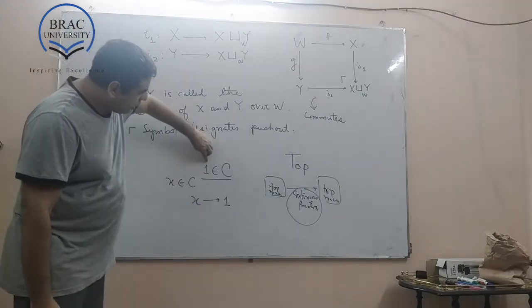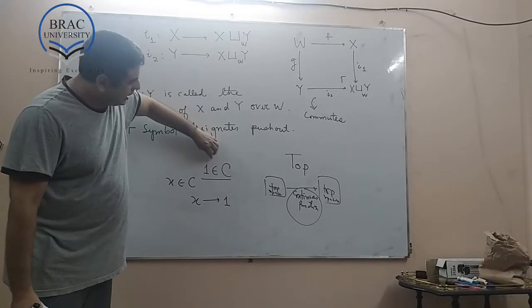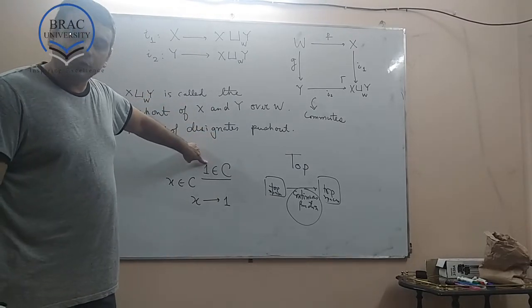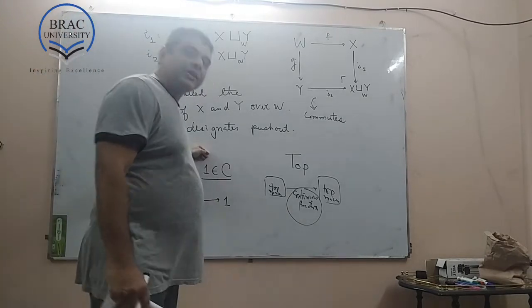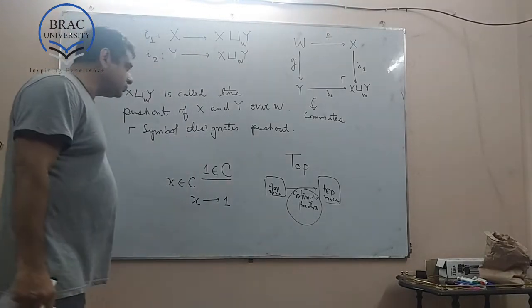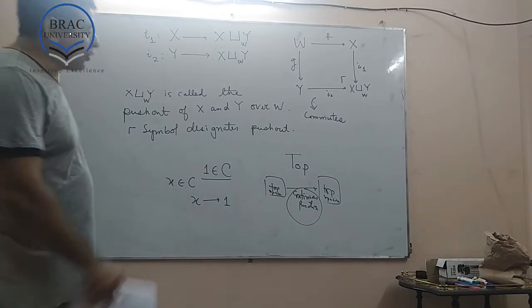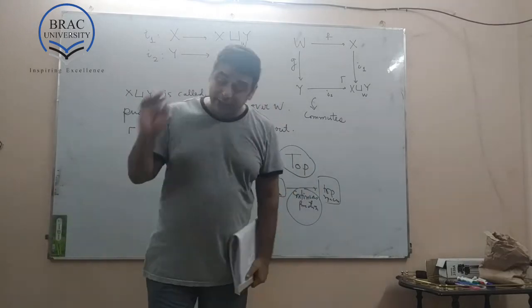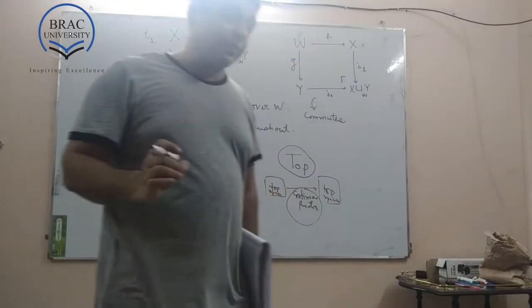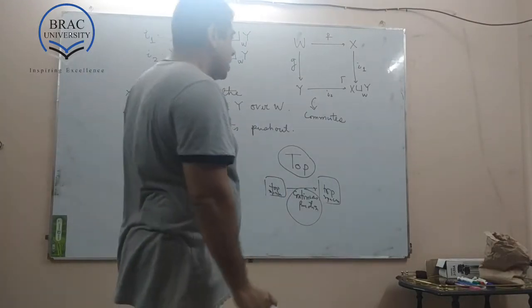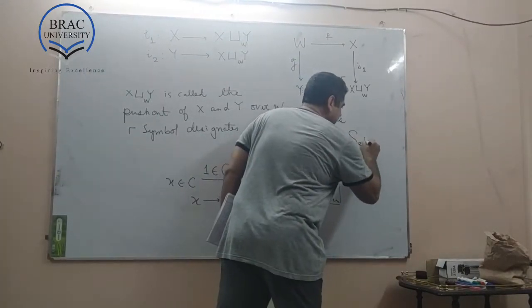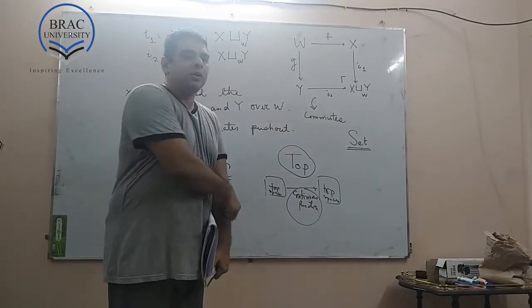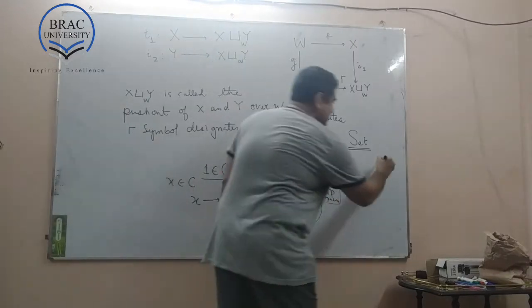And if this terminal object exists in the category, that has to be unique up to unique isomorphism. Okay? So this is something that I discussed in the last lecture. And I also gave an example of the terminal object for the category of sets, where the terminal objects were one-point sets or singletons, okay, like this.